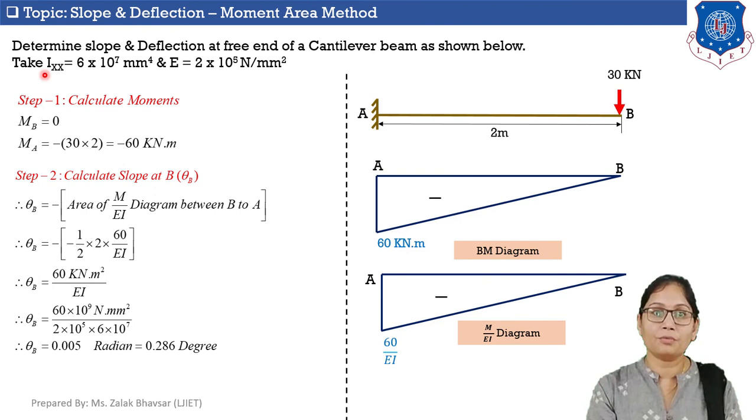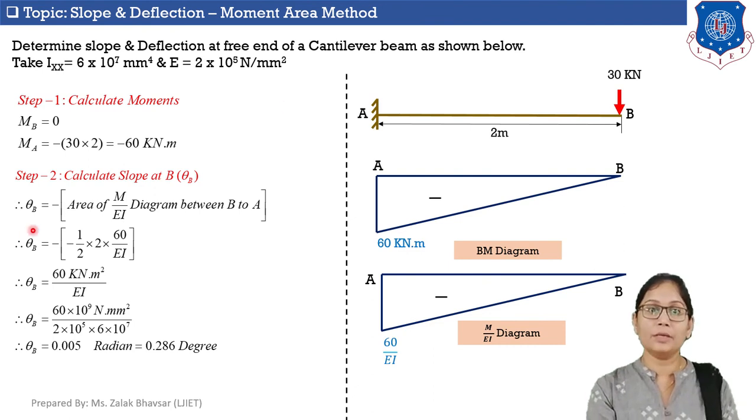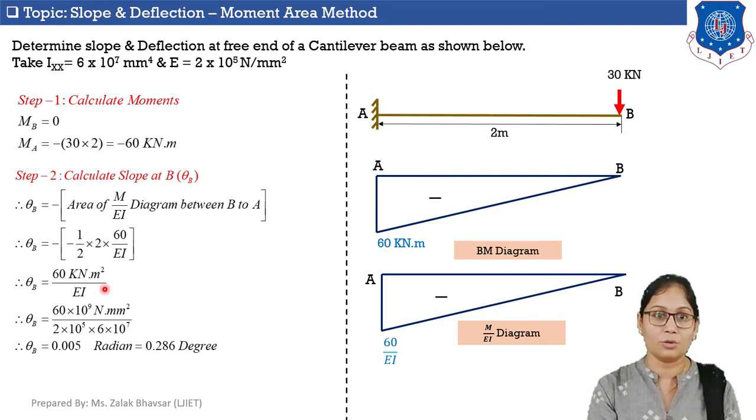Now, the value of I is in unit mm raised to 4 and E in unit Newton per mm square. So, we need to convert this 60 kilonewton into meter square into Newton into mm square, and for that we need to multiply 60 with 10 raised to 9. After multiplication of 60 with 10 raised to 9, the unit will be Newton into mm square.